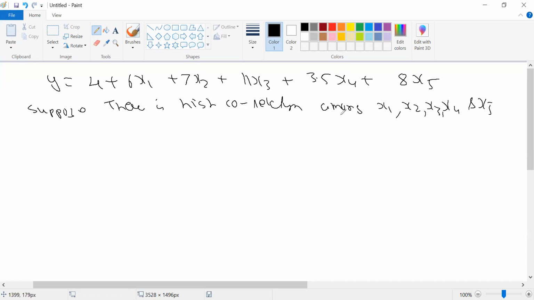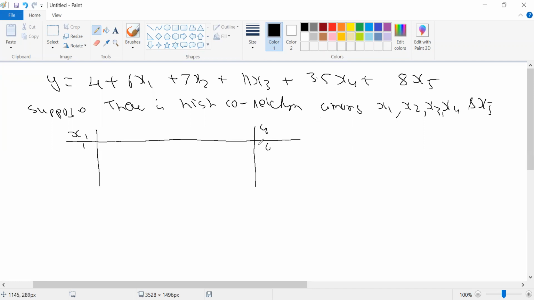Suppose there is a high correlation among your x1, x2, x3, x4 and x5. Now suppose if your x1 increases by 1 unit, what would be the impact on your y? अगर x1 1 यूनिट से इंक्रीज करेगा तो y कितने यूनिट से इंक्रीज करेगा?